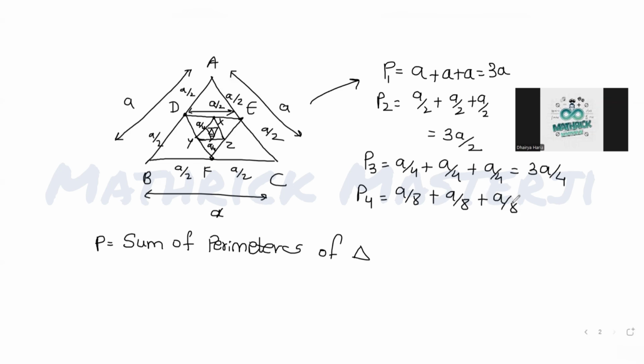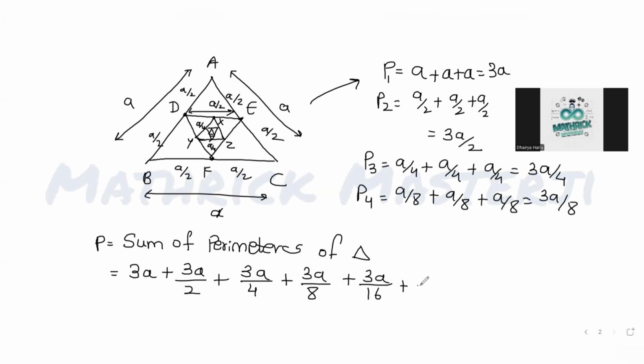So from this question, I can just add all the perimeters that are present: 3A plus 3A over 2 plus 3A over 4 plus 3A over 8 plus 3A over 16 and so on. I'll keep on adding them. Now I can see that some things are common here.